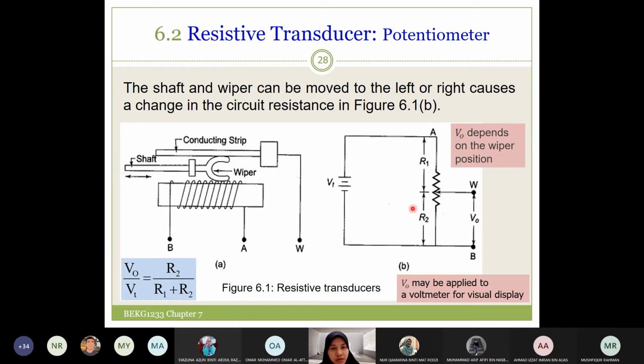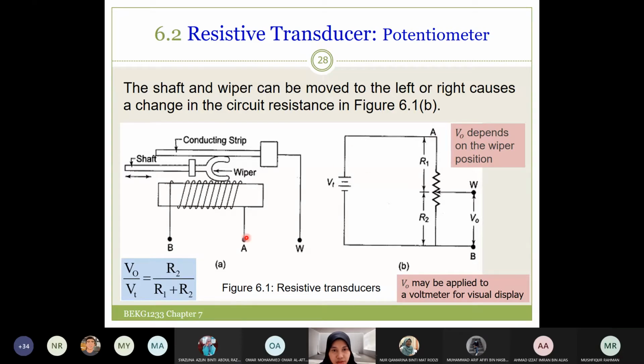Okay, so if we transform this potentiometer circuit into a diagram. So this is a voltage source.